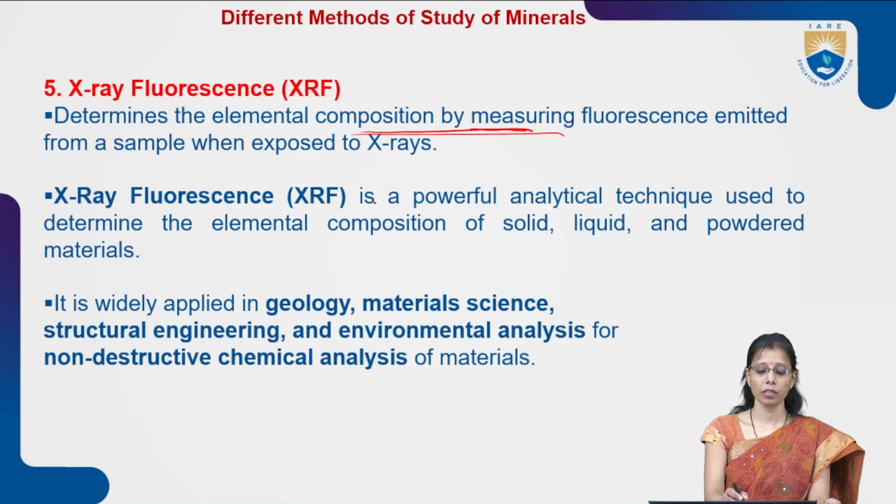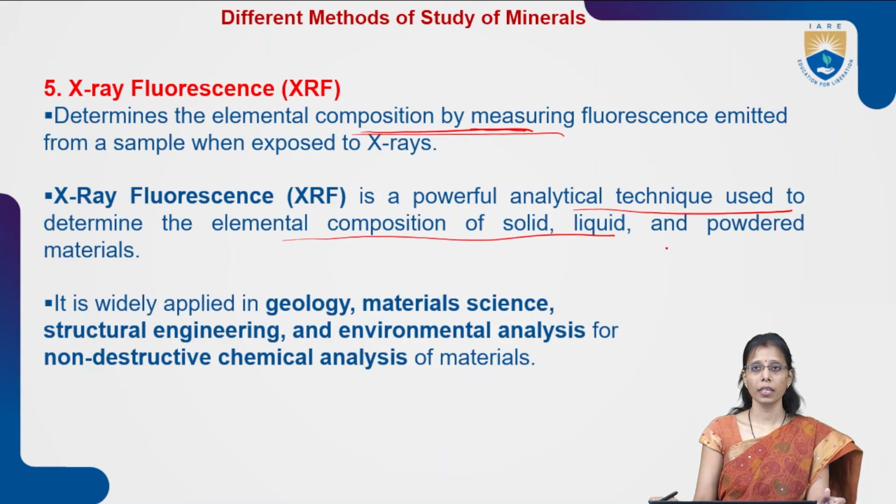X-ray fluorescence is a powerful analytical technique used to determine the elemental composition of solids, liquids and powder materials. Powder material is what we call a streak, the mineral in powdered form, and it can be identified with X-ray fluorescence.